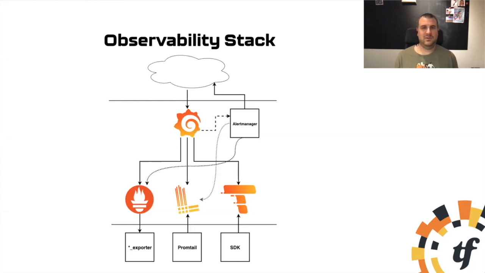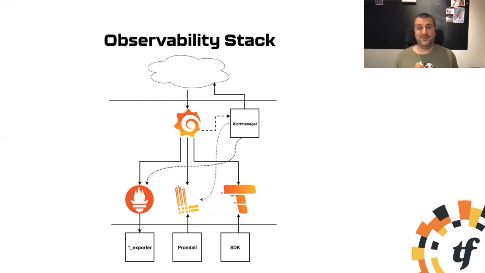As an industry, we're pretty much in agreement that we need some form of metrics telling us a value for something. We need logs and we need traces. So how long is an application doing something in a certain section, or even your microservices doing something in a certain section of your microservices infrastructure?